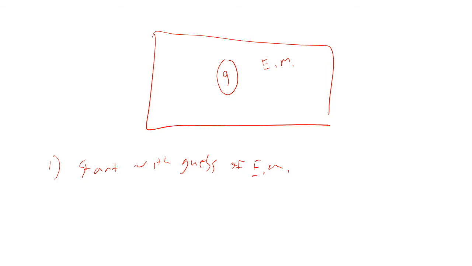So we treat the grain as an Eshelby inclusion in this effective medium. So we solve the Eshelby problem, and that gives us the stress in the grain and the strain rate in the grain.